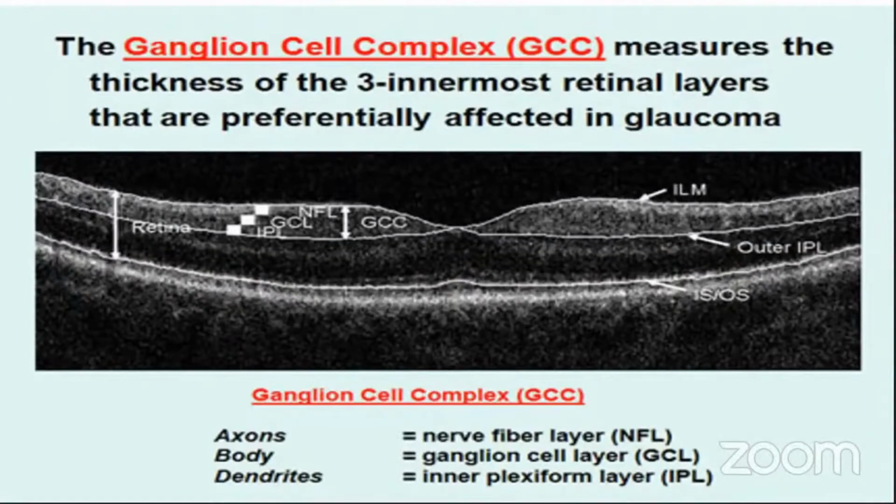But my interest in the ganglion cells is this: if we are familiar with the 10 layers of the retina, the ganglion cell layer holds the nucleus, and the inner plexiform layer holds the dendrites, with the axons forming the nerve fiber layer. If you imagine a neuron, this is one complete cell from the dendrites and nucleus to the axon, directed towards the optic nerve.